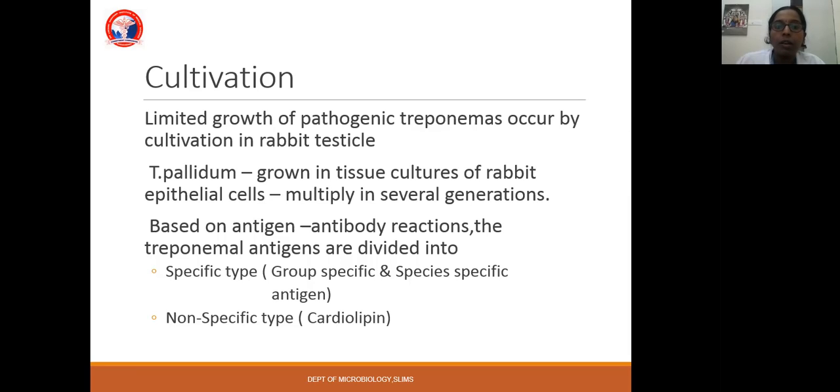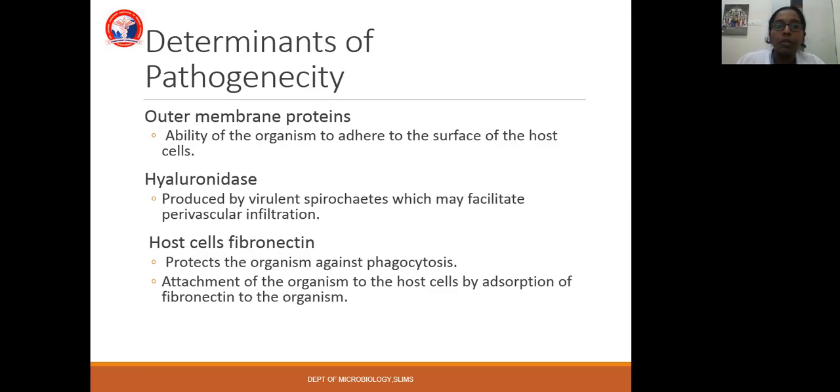Based on this, these organisms can be used for diagnostic purposes for specific types of tests where we separate the antigens.